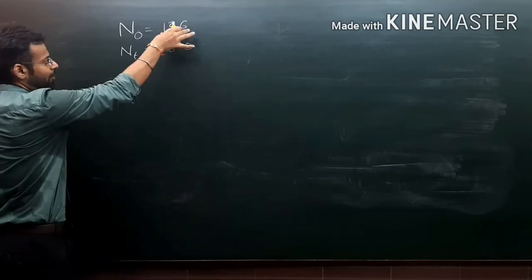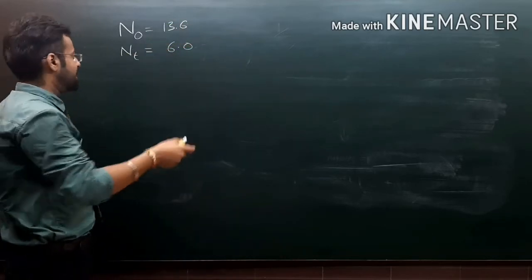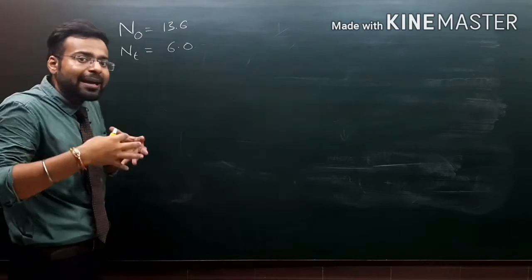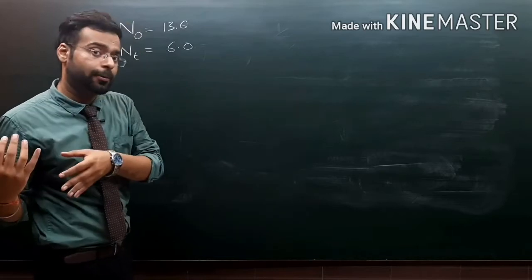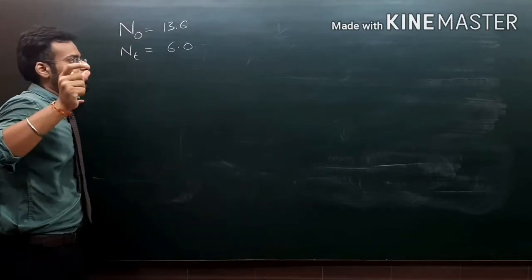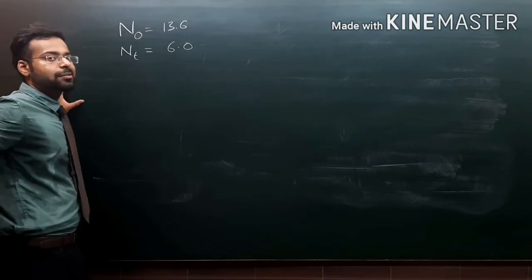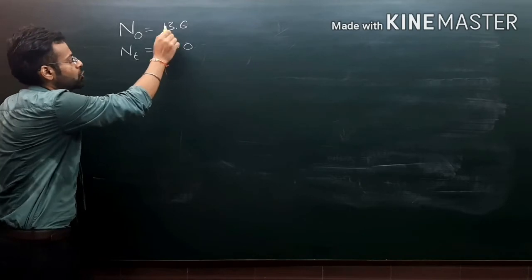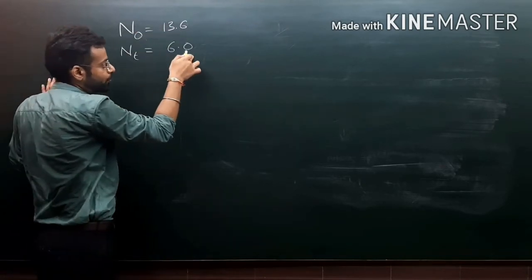So 13.6 is the normal value, that is, the same value this plant would have had earlier, because someday it was also a living plant, right? So this piece of wood, when it was living, must have had the same value which living wood has today, that is 13.6. So N0 is 13.6, and today it has the value of 6.0.